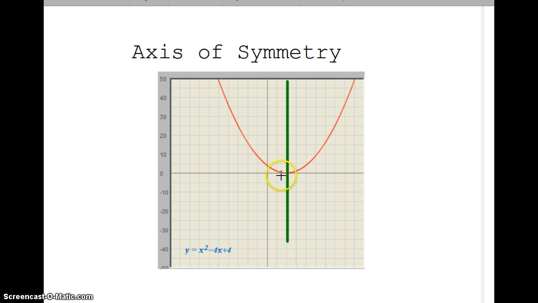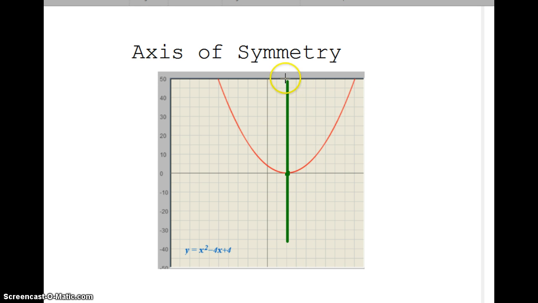Now the first way to find the axis of symmetry is if you have a graph which has one solution. The axis of symmetry can always be found at the vertex. So if you see a parabola which has one solution, just go to the vertex, and we know that the axis of symmetry will occur right where that vertex meets the x-axis.